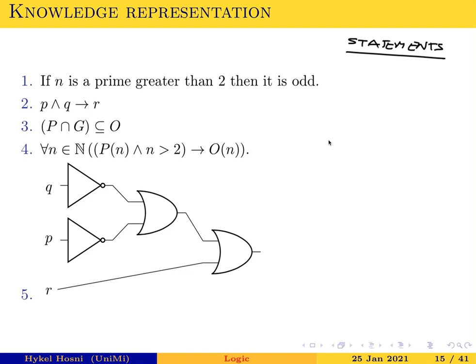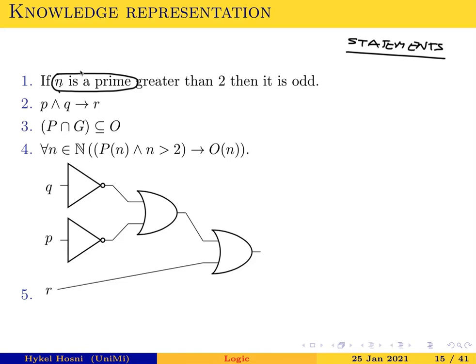So "n is a prime" is clearly a statement, right? Because I have a definition of what a prime number is, so I will say yes if n is a prime, and I will say no if n is not a prime. In logic, it's really elementary, because I can't find more elementary statements in it.